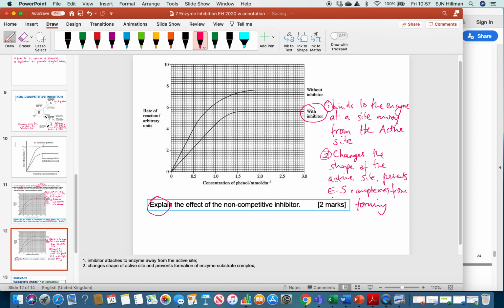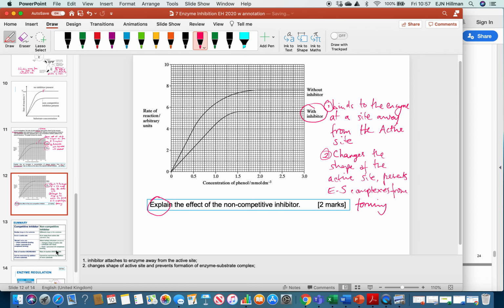Okay, no enzyme substrate complexes, that reduces the rate at which the product is formed, or reduces the rate of the reaction. Excellent. So, by the way, I've used this ES complex. It's safer for you to write enzyme substrate complex. Perhaps I'm rushing a little bit.